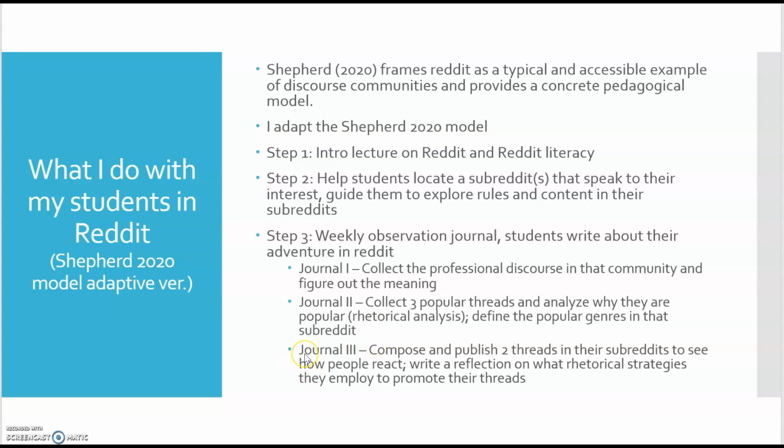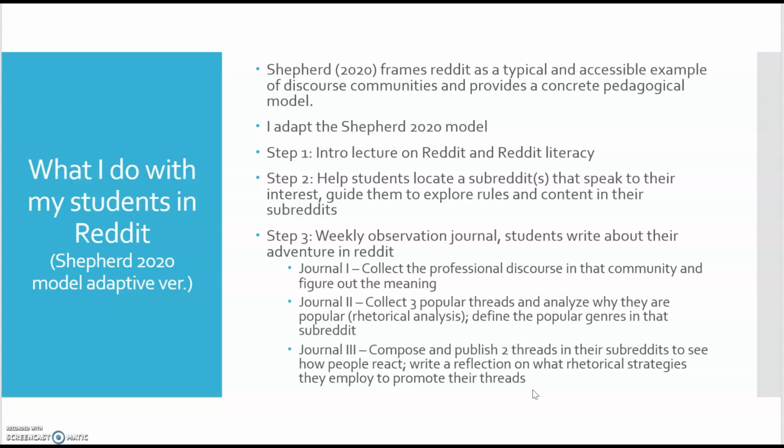Journal 3, they will compose and publish threads of their own. They will also see how people react. After that, they will write a reflection on what rhetorical strategies they employ to promote their threads, and they will also analyze why people react in a certain way.